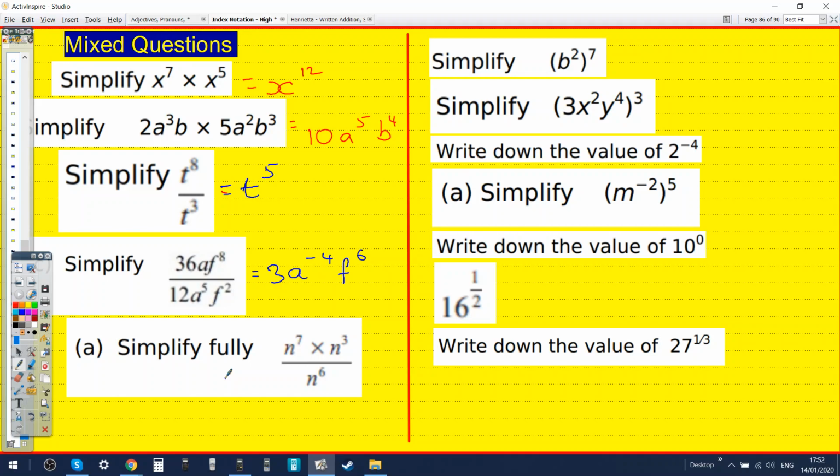Is it 2? I mean no. N10 over N6. Mm-hmm. And then that is N4. Yeah. Top right.